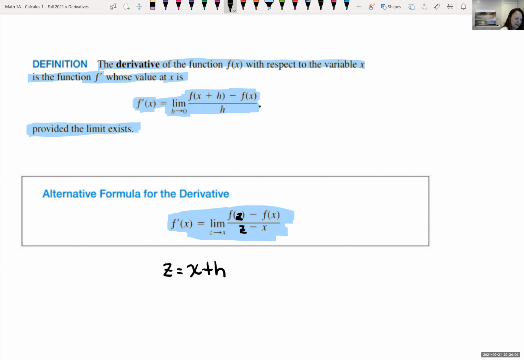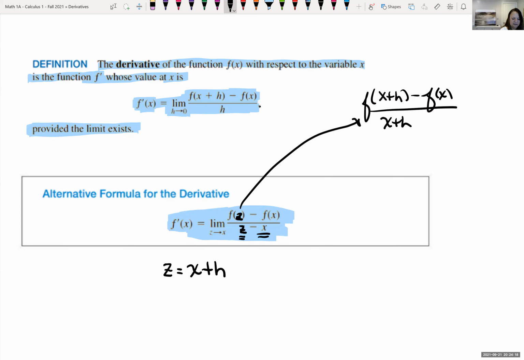So I would have f of z as f of x plus h minus f of x. I see a z here, plug in x plus h. Then I have this minus x. And so notice that down in my denominator, I have x minus x, and those cancel out. So that leaves me with what I had over here.